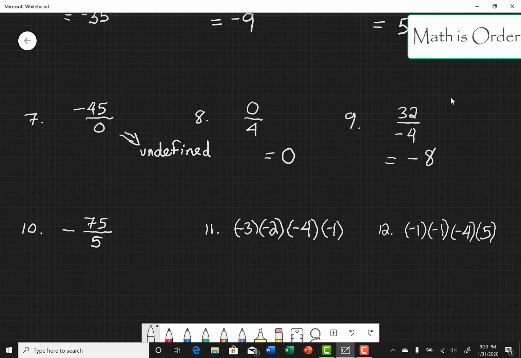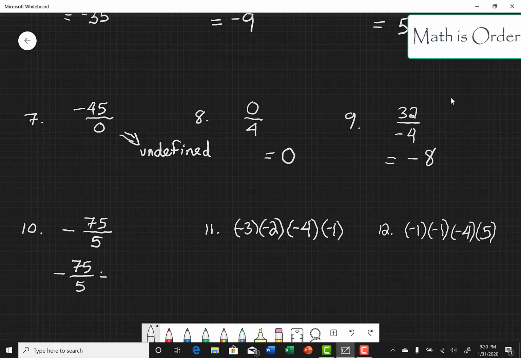All right, continuing down. Looking at number 10, in this case, the negative is right in the middle. So it may not be clear whether this is a negative in the numerator or a negative in the denominator.